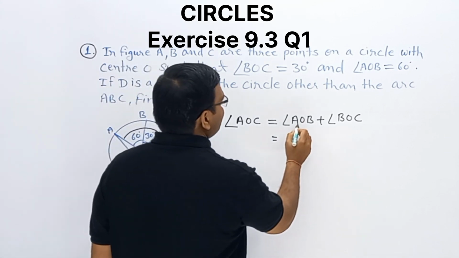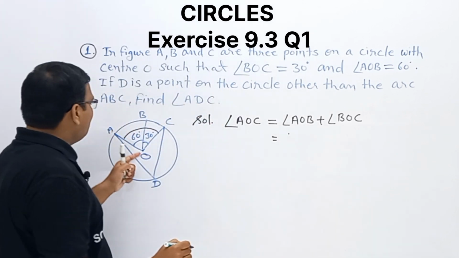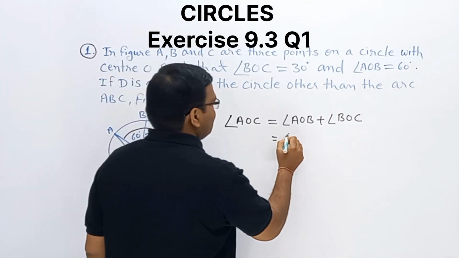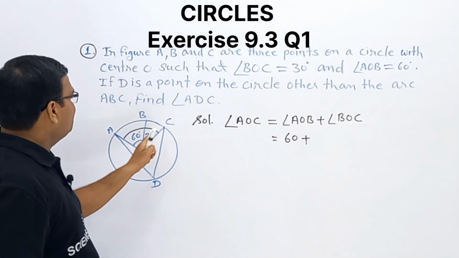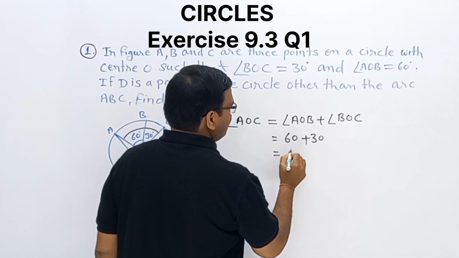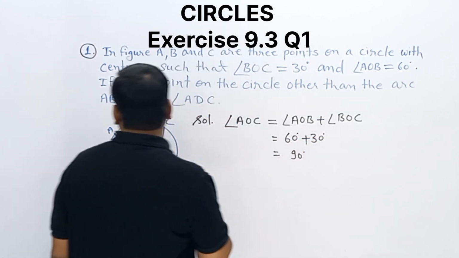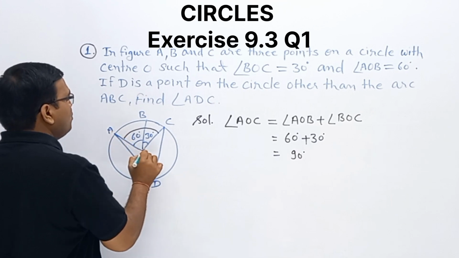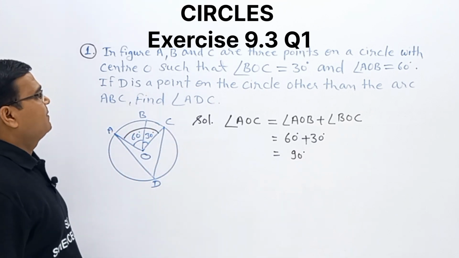So angle AOB is 60 degrees, plus angle BOC, which is 30 degrees. So what are we getting? 60 plus 30, 90 degrees. So angle AOC, this angle, is 90 degrees.